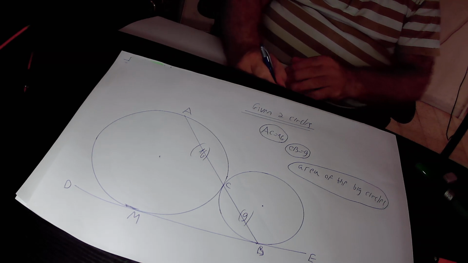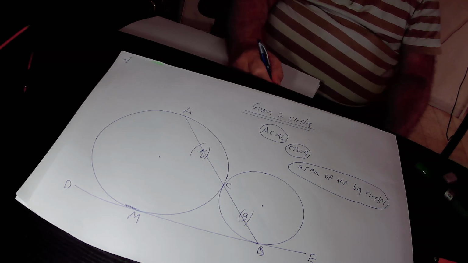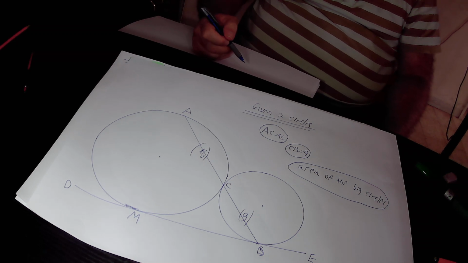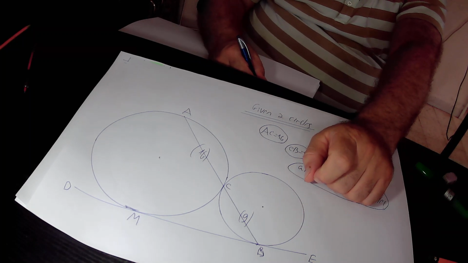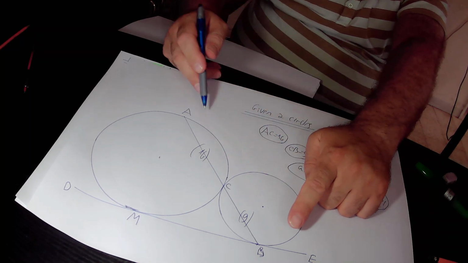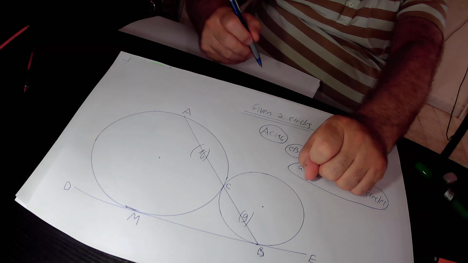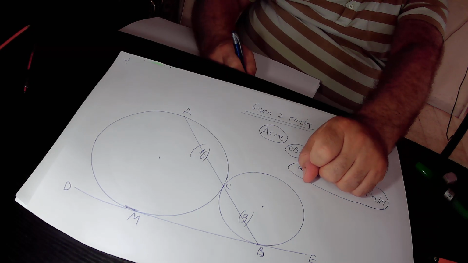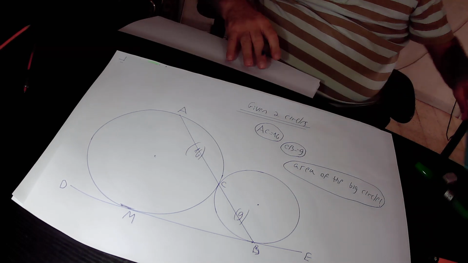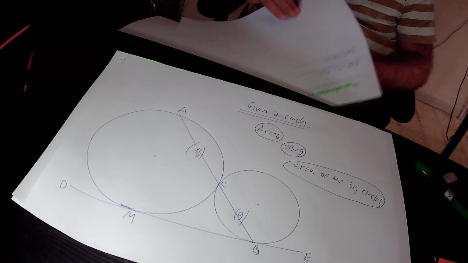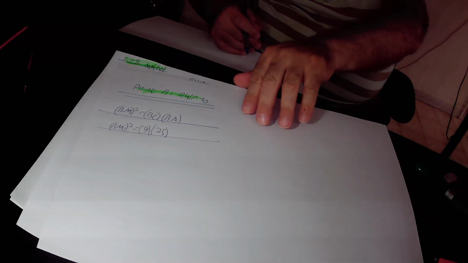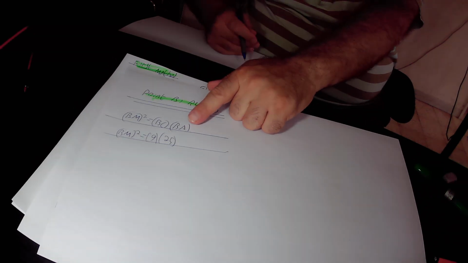So BM square equals BC. BC is 9 times BA. BA in total is 9 plus 16, that is 25. So according to Rule 10, we found out that BM square equals 9 times 25.